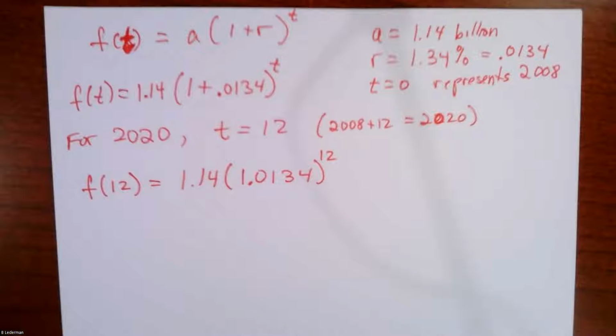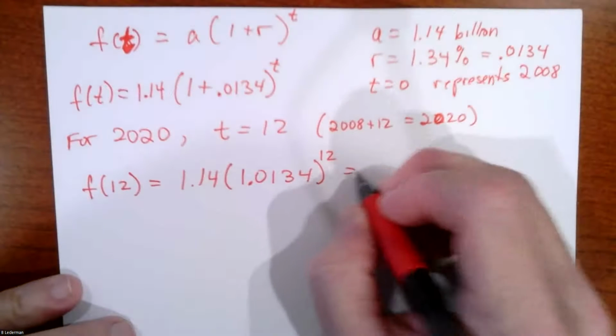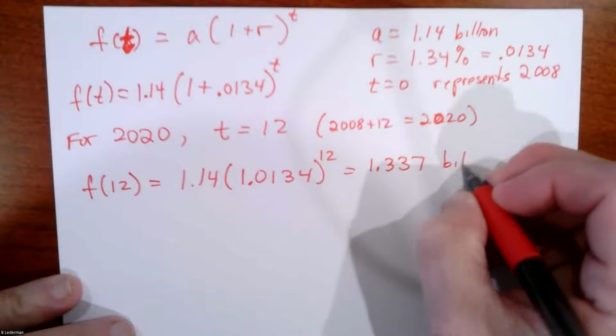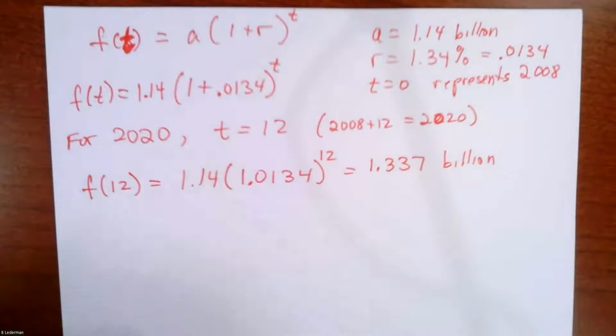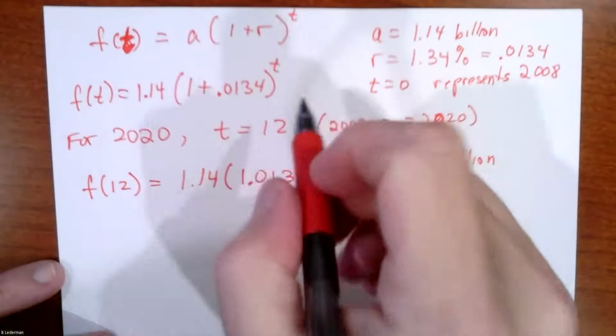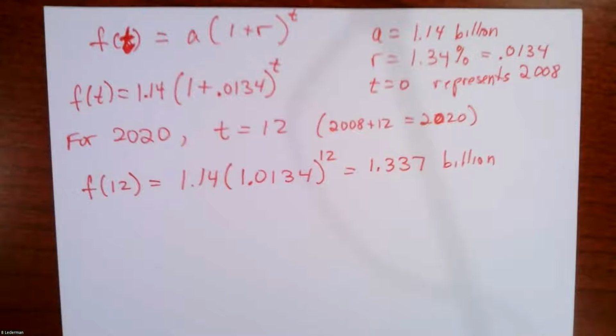And that is approximately 1.337 billion people. And again, this is an exponential function. That's how we deal with that.